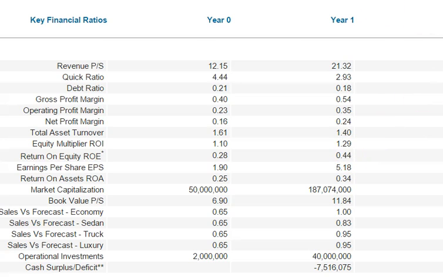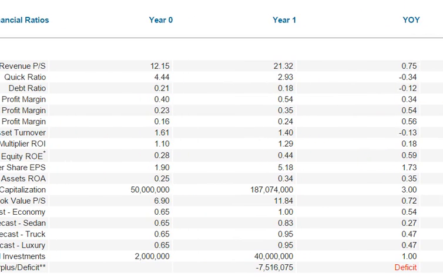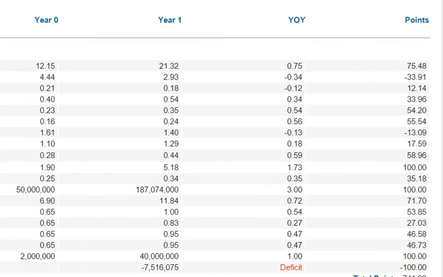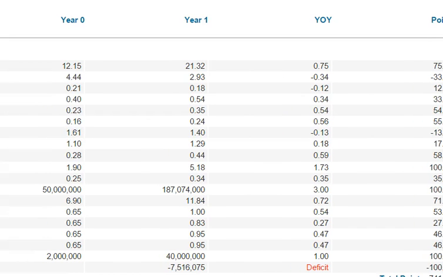And this Y over Y field over here stands for year over year. So if my revenues per share were $12 in year 0 and I increased them to $21 in year 1, that's a 75% increase year over year. And of course, I'm going to earn 75 points for that. So you see how this overview is calculated? This is looking at your financial ratios in a year over year comparison.